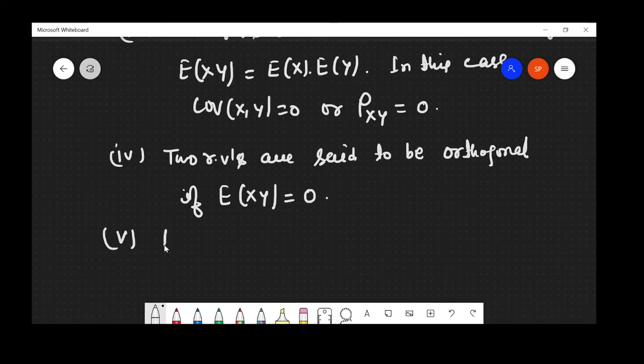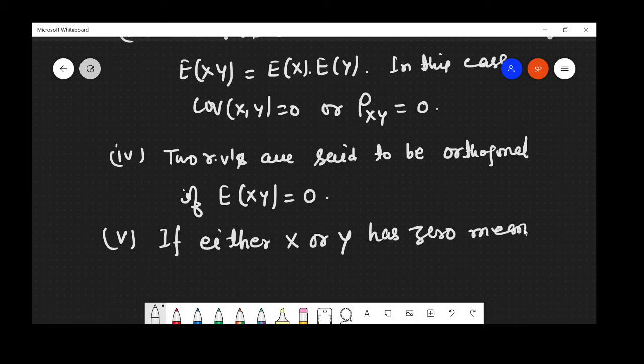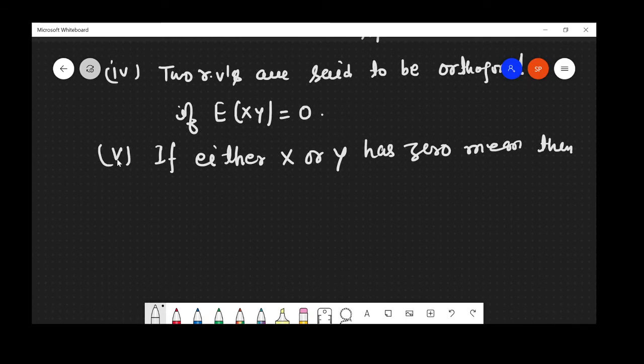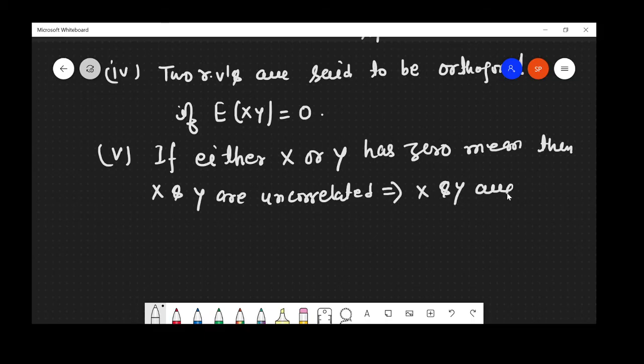Now the next is, if either x or y has zero mean, then we write x and y are uncorrelated, and uncorrelated means x and y are orthogonal.